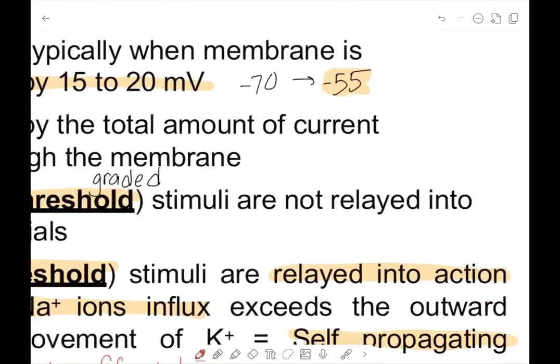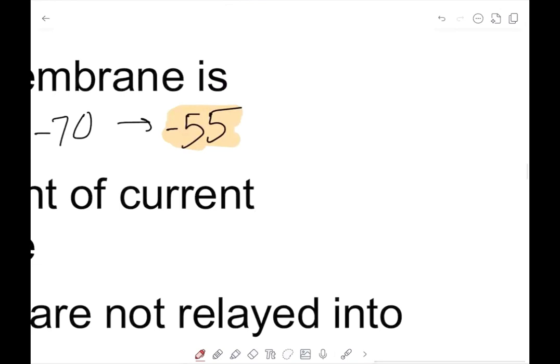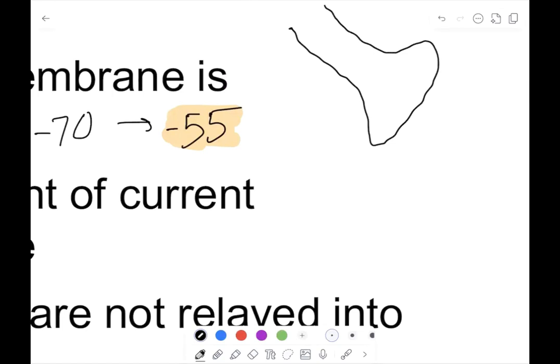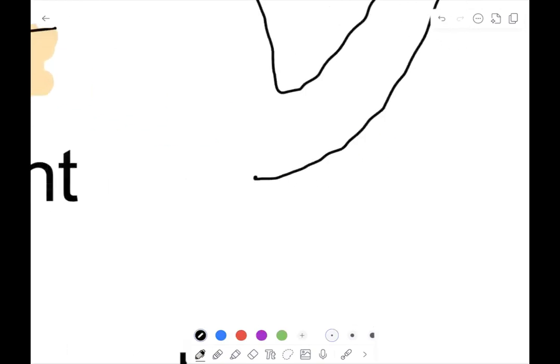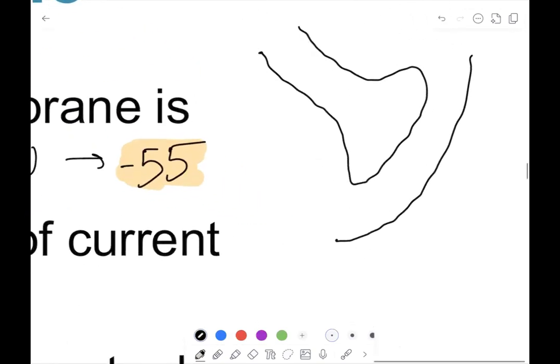So let's look at how this happens at a synapse, which we will be talking about next. The end of a neuron is the axon terminal, and there's another membrane where there is a ligand-gated channel. So the neurotransmitter is going to be released here. That neurotransmitter is going to bind to a ligand-gated channel.